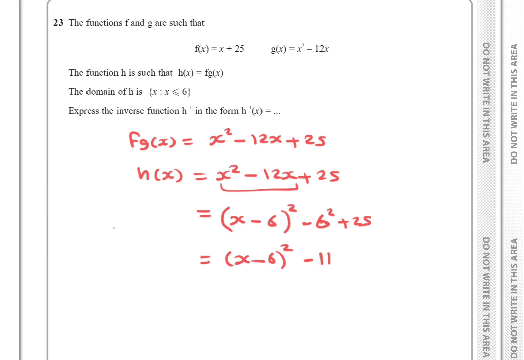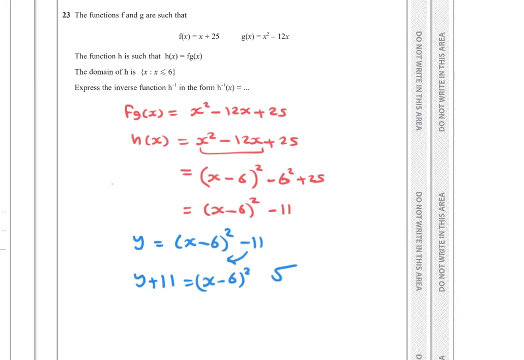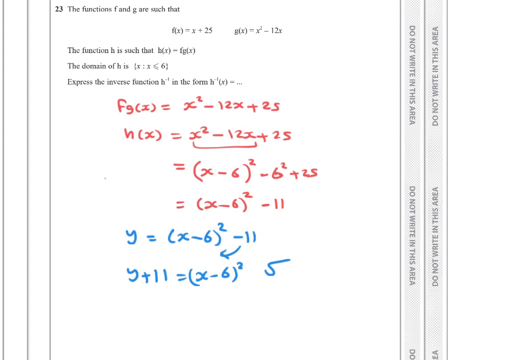Now, to find the inverse, substitute h(x) by y, so y equals (x minus 6) squared minus 11. Transpose negative 11 to the other side, so y plus 11 equals (x minus 6) all squared. Then take the square root. Because the domain is x less than or equal to 6, we take the negative square root.